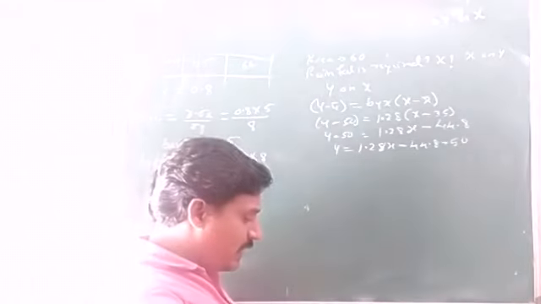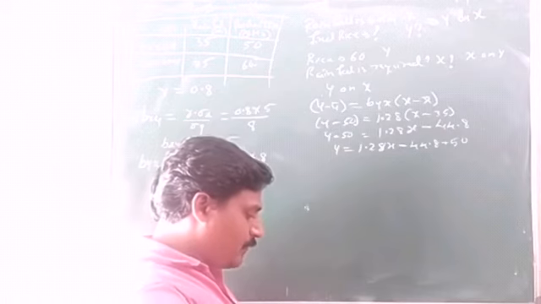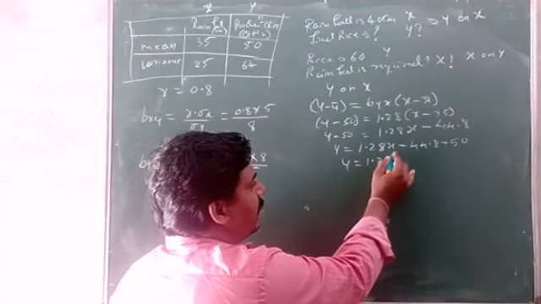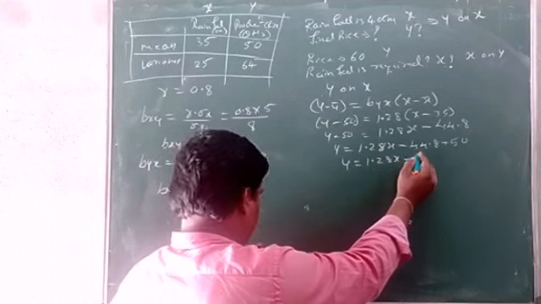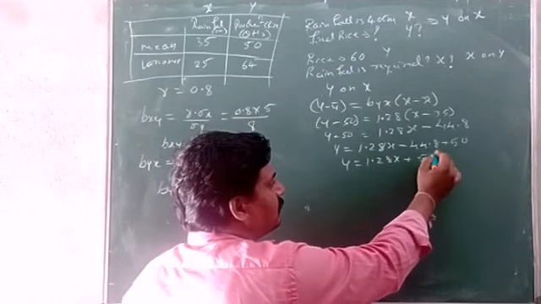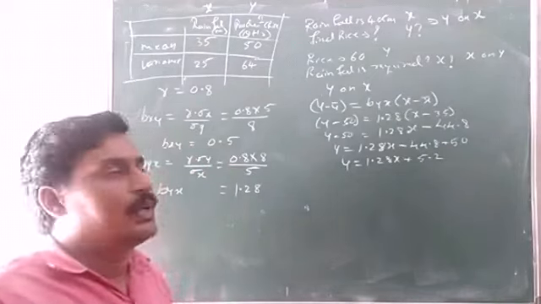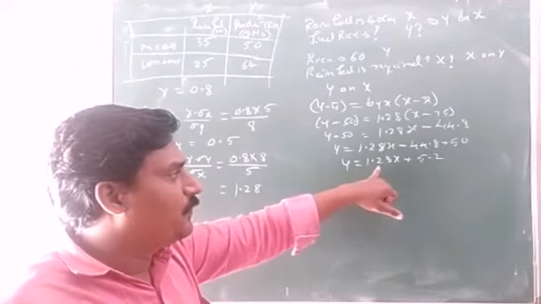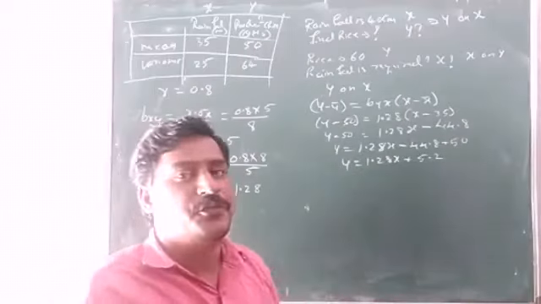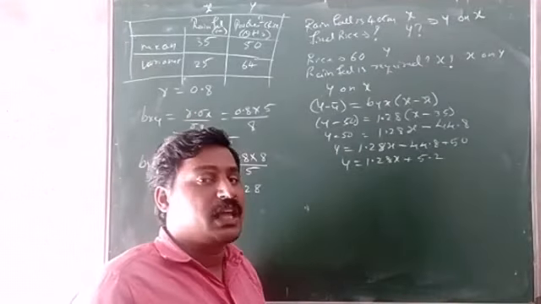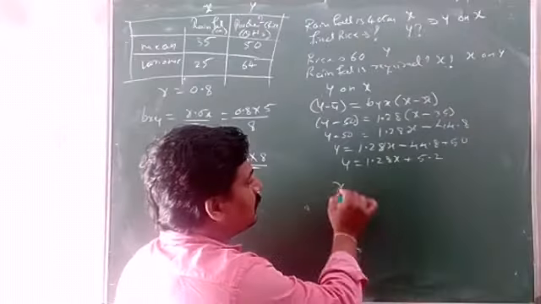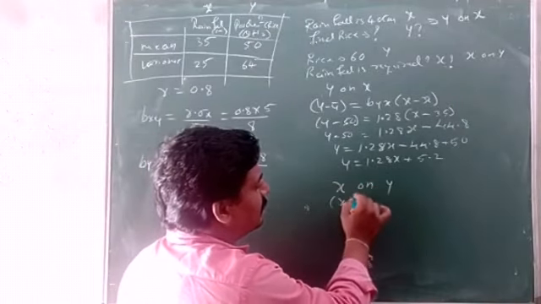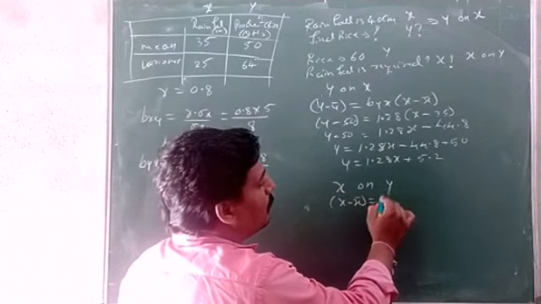So 50 minus 44.8 is 5.2. So the regression equation y on x is y equals 1.28x plus 5.2.